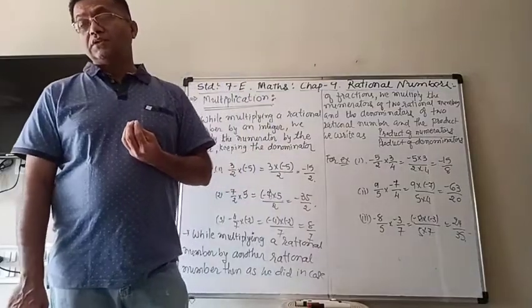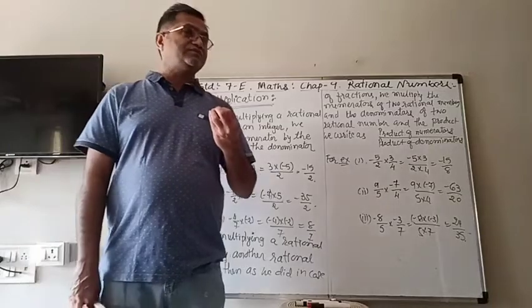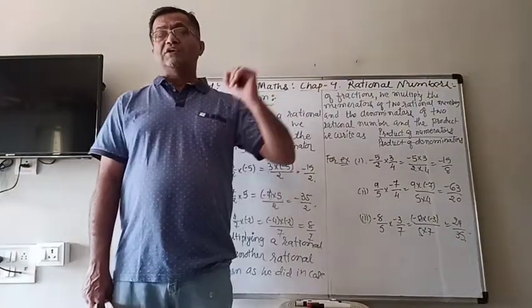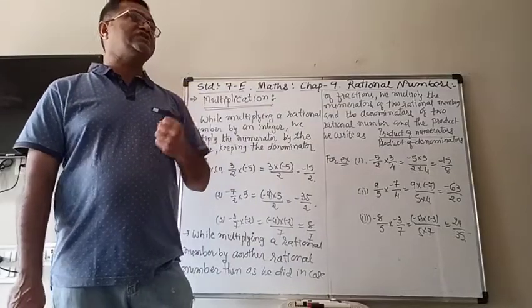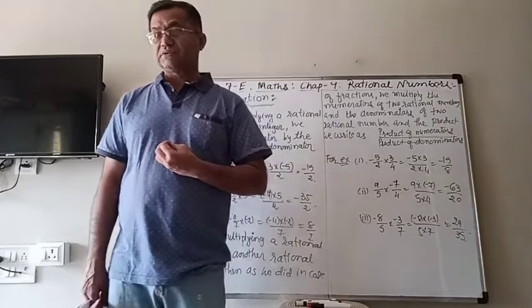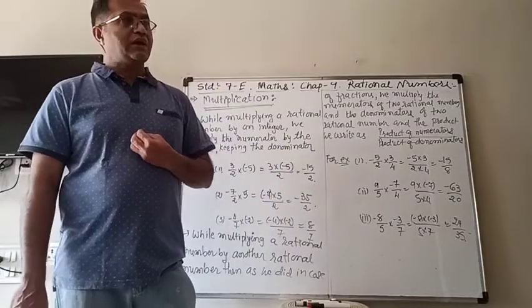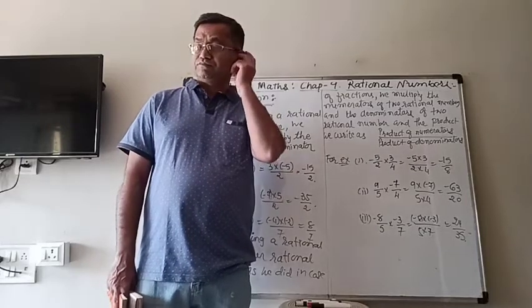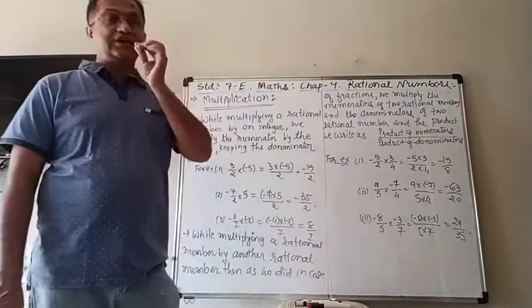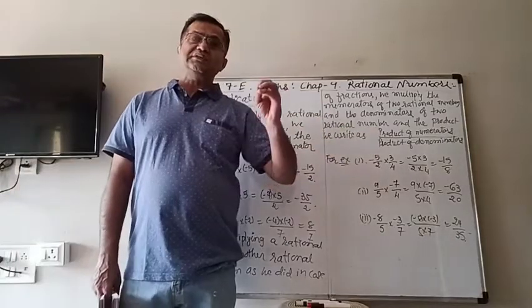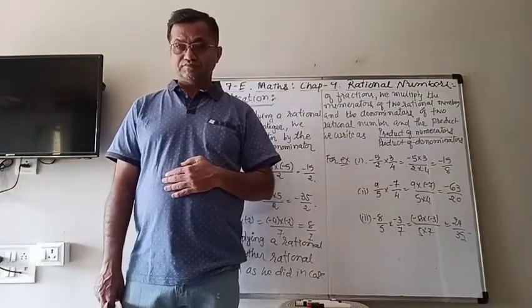So in multiplication, what things should be remembered? We saw that in addition, when the rational numbers have equal denominators, we just add the numerators and keep the same denominator.